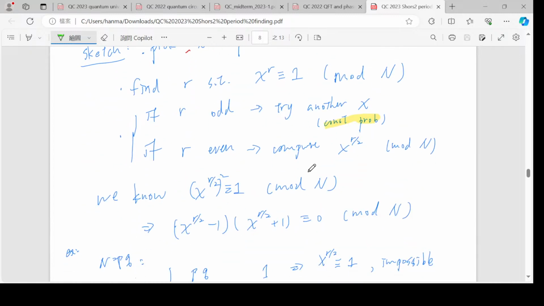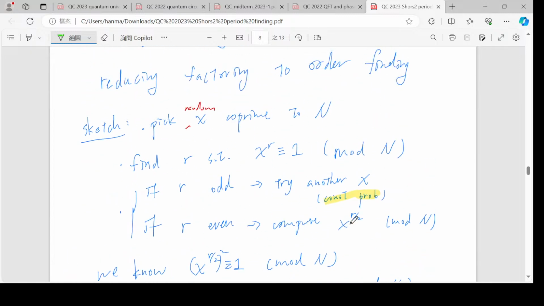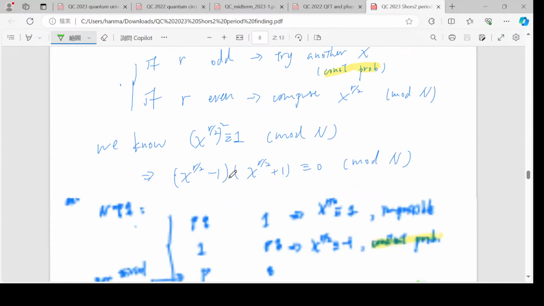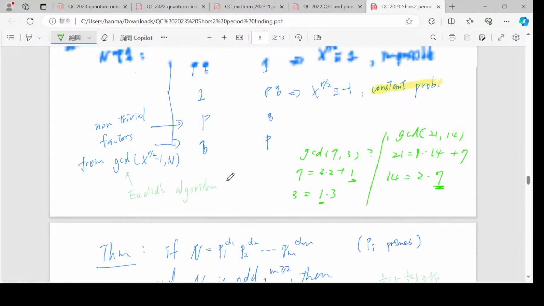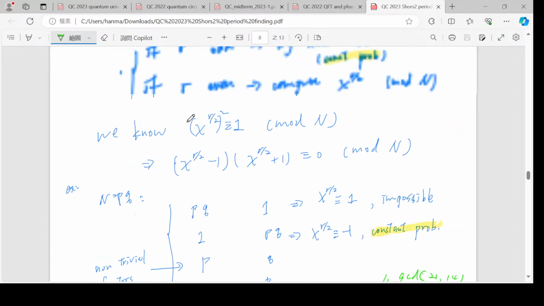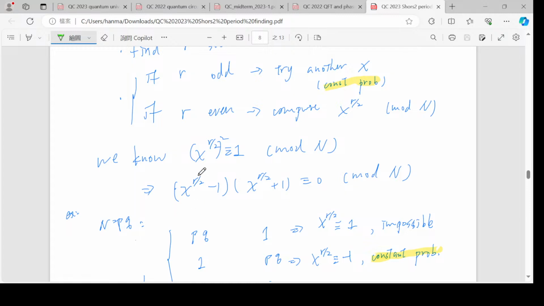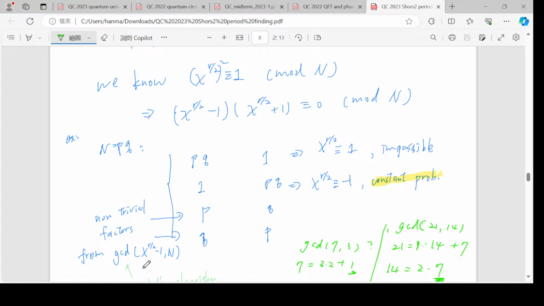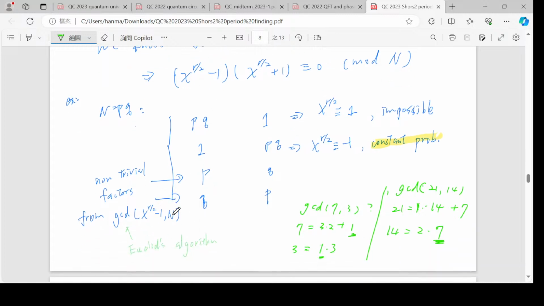Now there is a lot of probability here. First you need to have an even order, not an odd number. And if you have an even order, then you need to get lucky, with constant probability, so that x^(r/2) minus 1 will share a factor with N. You check whether that's the case by calculating the GCD between x^(r/2) minus 1 and N. This algorithm is fast, something you probably learned in elementary school.